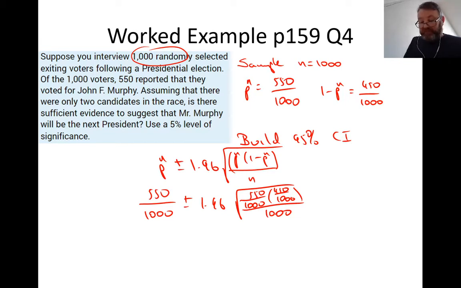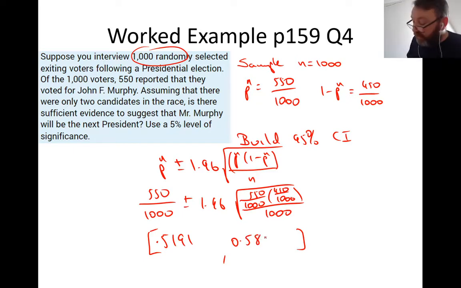The lower value comes out as 0.5191. Now, what's the upper value? The upper end of this range, changing the minus for a plus, comes out as 0.5808.